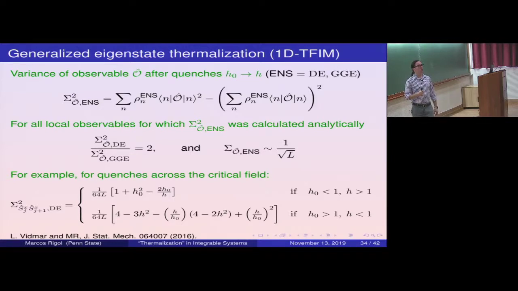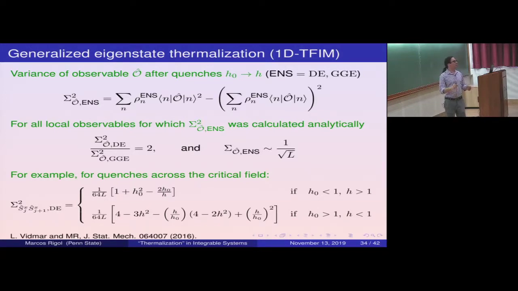Essentially what I've shown you is that you have these integrable systems that you take out of equilibrium in a pure state and evolve unitarily. There is equilibration. You can describe the equilibrium state with these GGEs, which maximize the entropy.